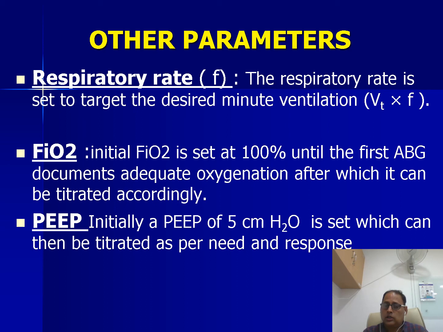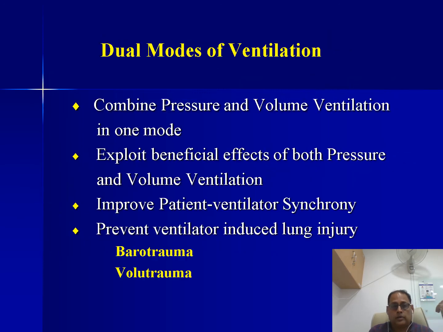I start the ventilation with a PEEP of 5 centimeters of water, and then I titrate it as per need, the response and the disease. So in ARDS, obviously 5 for PEEP is not enough. You will have to go for a higher PEEP. If it is an obstructive disease, probably I need a lower PEEP, probably I don't even need a PEEP. So PEEP again has to be titrated.